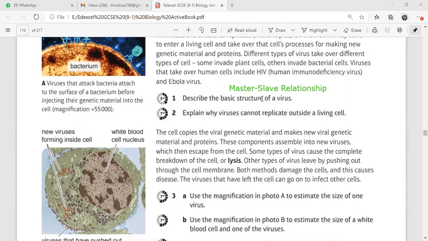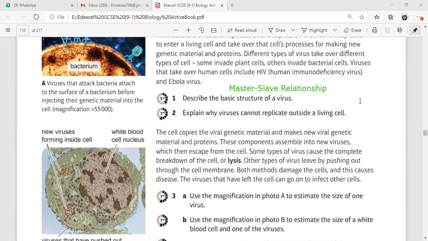The virus cannot make its own copies, so it makes the nucleus of the host cell make copies of the viruses. That is why we call this relationship the master-slave relationship.